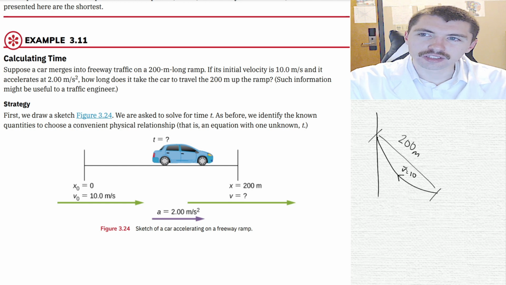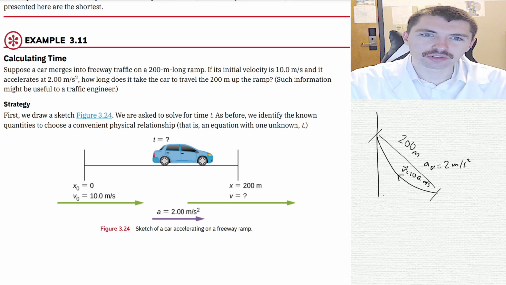So I guess you can say this is a vector because you're going in this direction: 10 u hat, and that's meters per second. And it accelerates at 2 meters, so acceleration of the velocity vector is 2 meters per second squared.